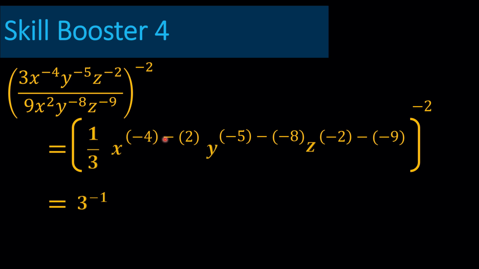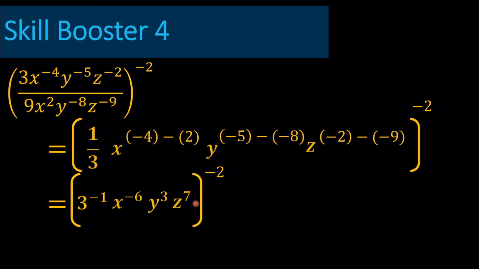So that is negative 6. Moving on, negative 5 minus negative 8, that is negative 5 plus positive 8. Negative 5 plus 8 is positive 3. Next, we have negative 2 minus negative 9, that is negative 2 plus positive 9. That is equal to z to the power of 7. And then raise that to the power of negative 2.